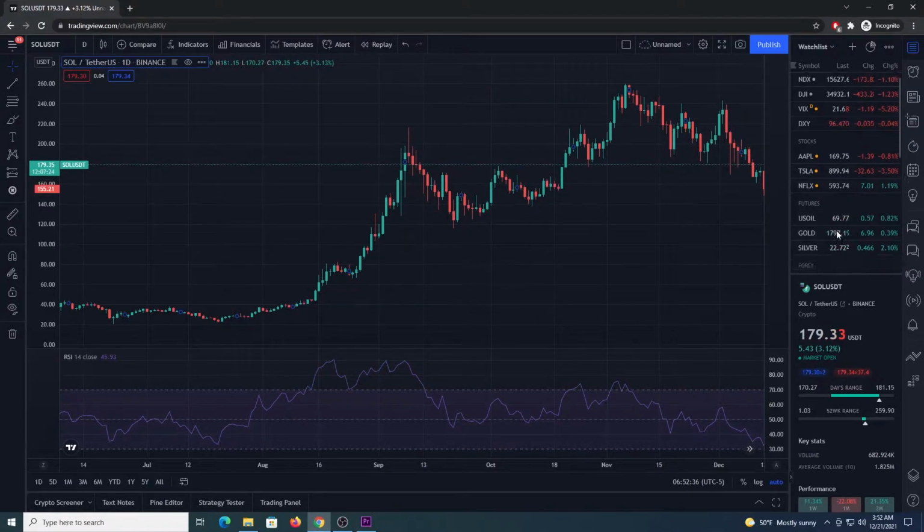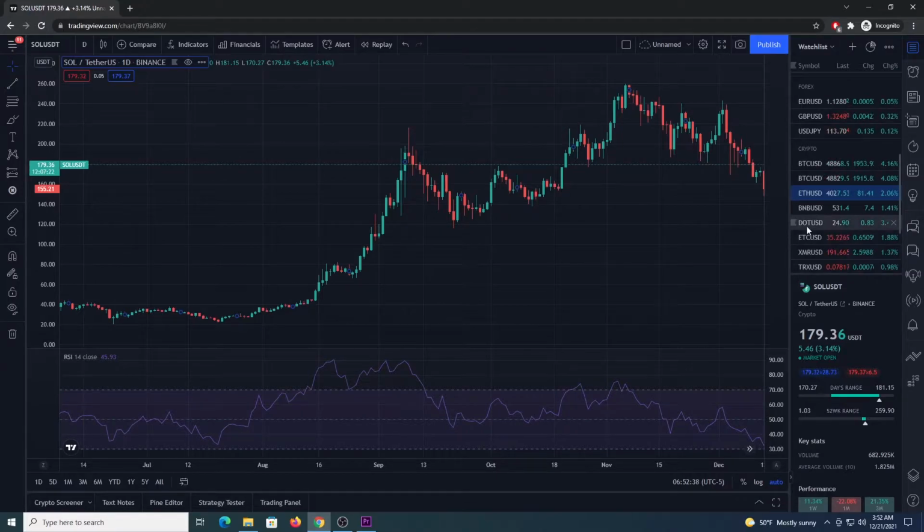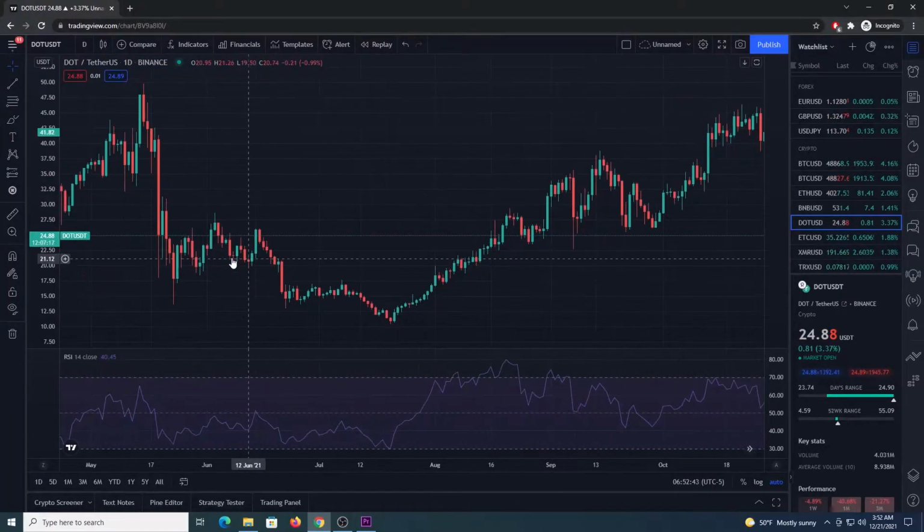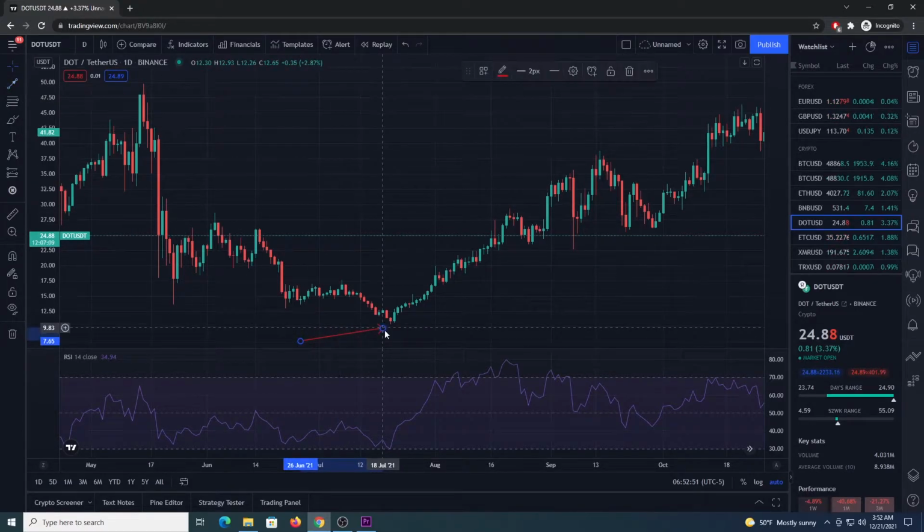Let's look at the graph and see how it looks. So if we move to the dot, for example, .USDT, we can see we have a downtrend. Okay, prices are going down, all the way down, and then we can use some of the tools like the arrow to point specific points. In this point, there is a trend reversal. So the trend changes from a downtrend to an uptrend.